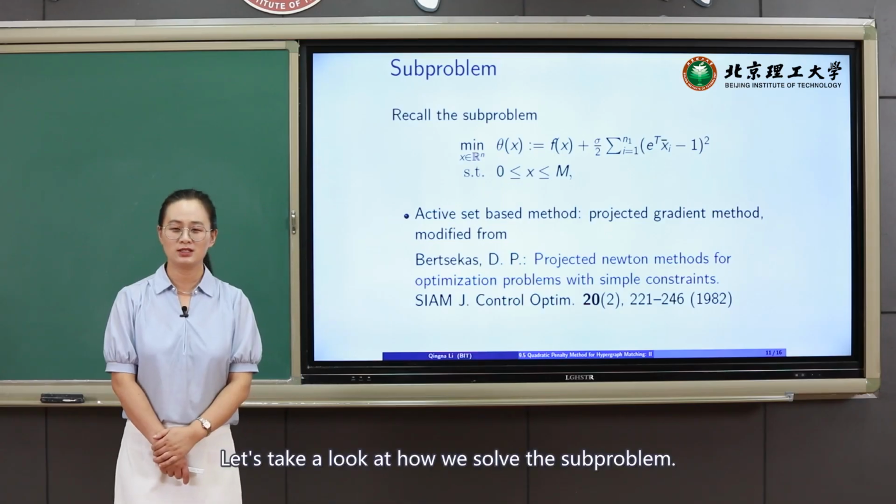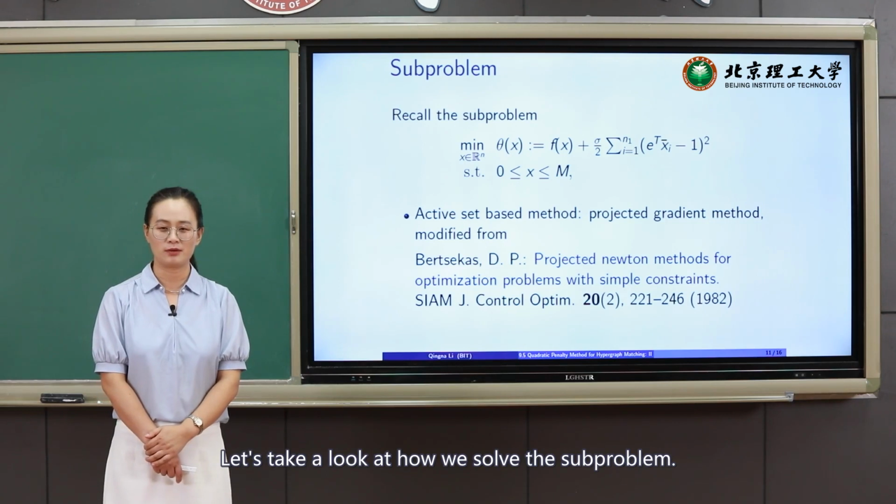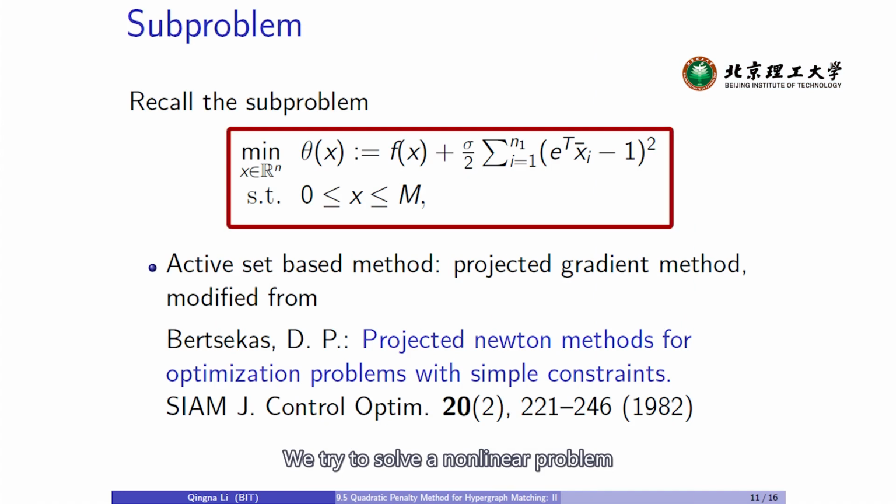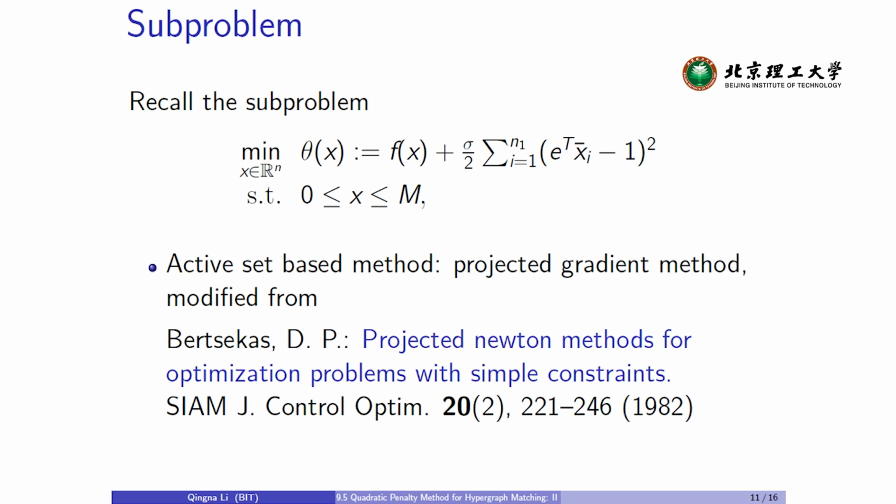Right, let's take a look at how we solve the subproblem. Okay, so the subproblem is like this. We try to solve a nonlinear program with box constraints here, right? X is greater than 0 and smaller than m. So what do we use? We use a method called the active set-based method.